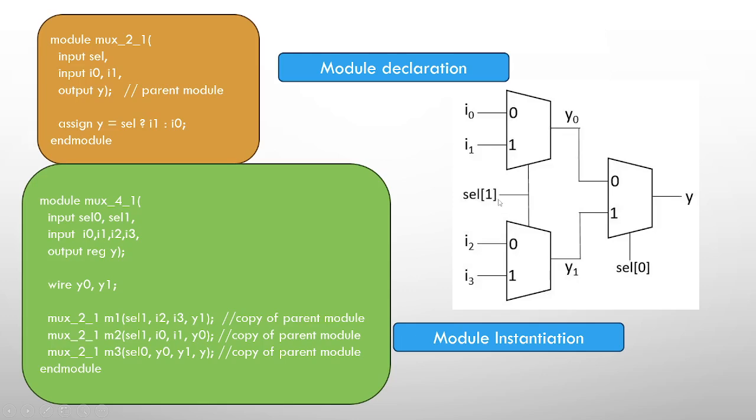For everything, selection of 1 means you are having two things here, selection 0 and selection 1. So see here, this is my first 2 by 1 mux, and now I am going to write the 4 by 1 mux. Module mux 4 by 1, and in this, what are the input lines?